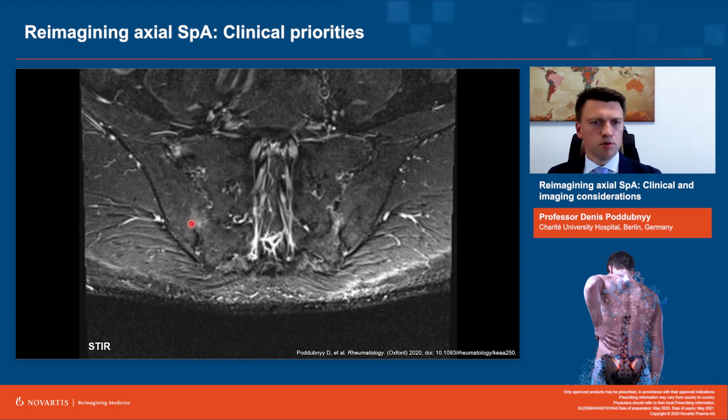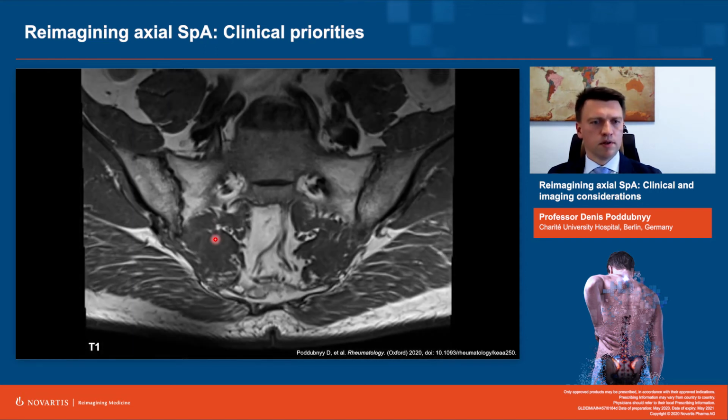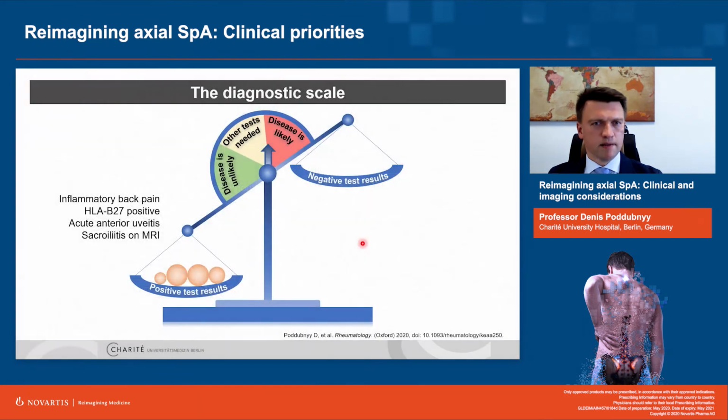Indeed, there is bone marrow edema in the right sacroiliac joint, and if we look into T1 depicting structural changes after the inflammation, we see that there is a lot of structural changes on both sides, fatty degeneration, also erosions, and even a backfill sign.